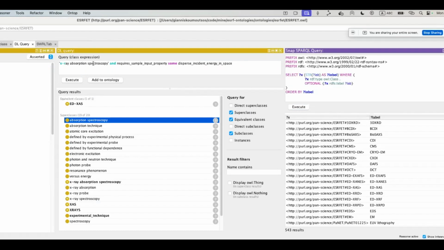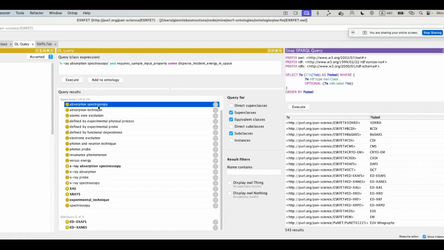And you see here that there are different kinds of techniques that are closer to humans, like description logic techniques. And you can just write what is XAS and has this characteristic and it gives you immediately the equivalent class. Again, all the superclasses from that, you don't even know they exist. The minute you create your ontology, you don't define them. They are inferred. The reasoner tells you about all the structure.